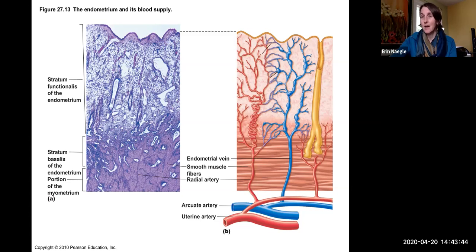If a pregnancy does not occur, then this detaches and leaves the body. But there are stem tissues left here in these glands that rebuild this every 28 days.